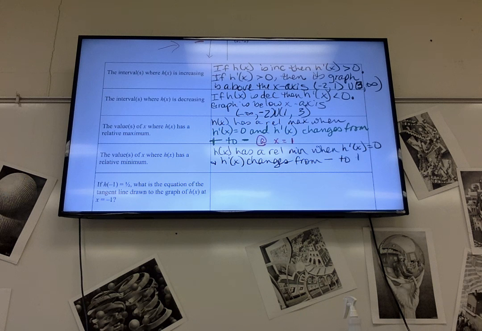It may help you, instead of saying negative to positive, to say from h prime of x is less than 0 to h prime of x is greater than 0. Maybe that'll help. So that is at x equals negative 2 and 3.